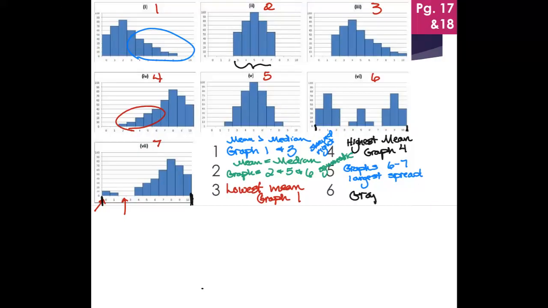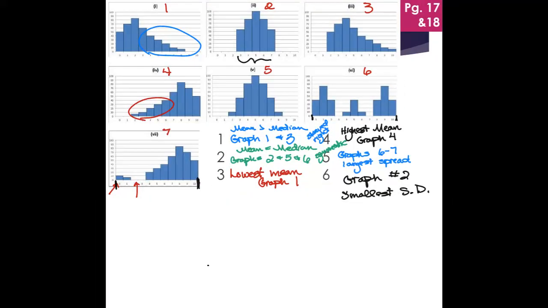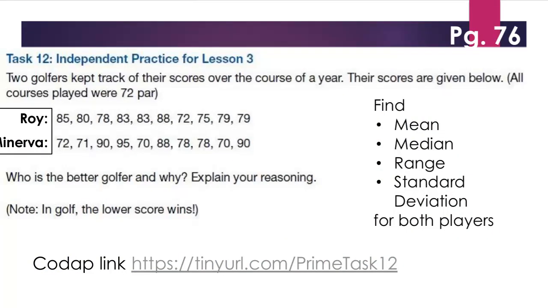So graph number 2 has the smallest, and remember that's called standard deviation. I'm just putting SD there, okay? Any questions on those? And I am recording this, okay? Any questions?